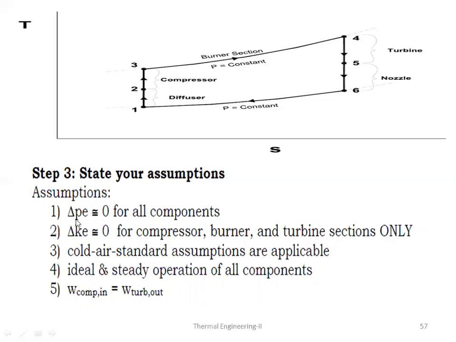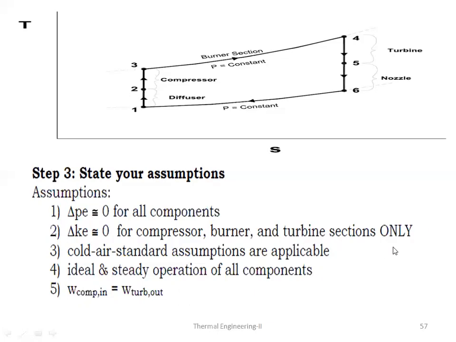The first assumption is that the change in potential energy is assumed to be equal to 0 for all components. And the second point, the kinetic energy is approximately equal to 0 for the compressor, the combustion chamber, that is called the burner, and the turbine section only.